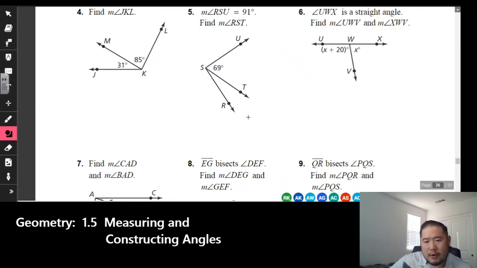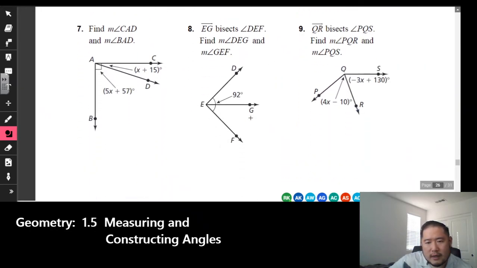A few other key problems. Number 7, hopefully there's something in that diagram that you see. I'll highlight it right here. That means it's 90 degrees. So the two smaller angles add up to 90.